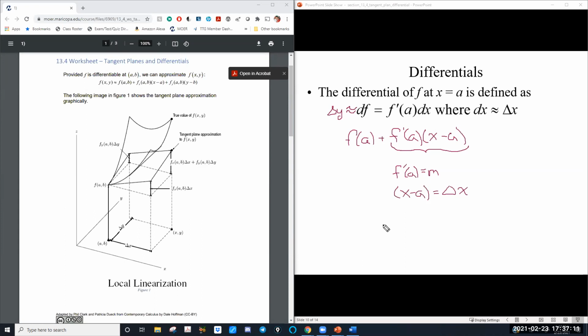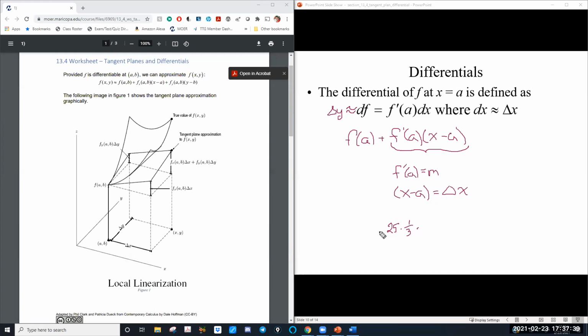Now, let's think about why that might be useful. You could say, right now I'm driving 25 miles an hour and I'm going to be driving for another 20 minutes, and you want to approximate how much further you're going to go. Well, you would take your 25 miles an hour times your 20 minutes, which is a third of an hour.